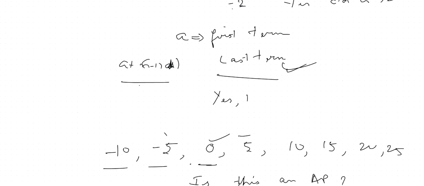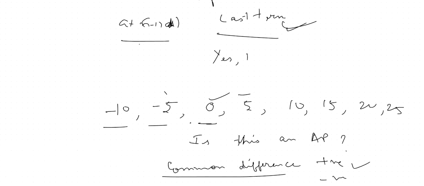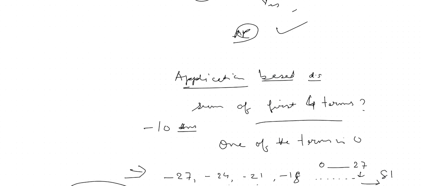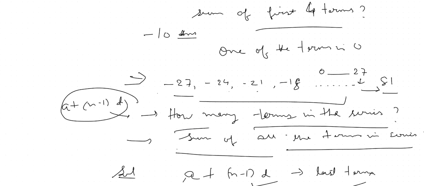And then I gave you this question where they asked you, is this an AP? Because this question had common difference positive but had negative terms and also had 0. This is another question where you had negative terms, but the common difference was still positive.